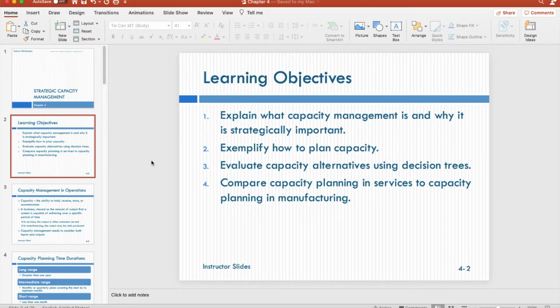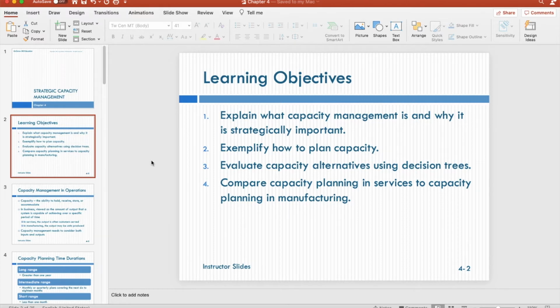Now, after we have a broad idea about the importance and the definition of capacity management, we start to talk about different capacity planning. What kind of capacity planning do we have in real businesses, and how do we compare different capacity planning? That's also very important. Then we will introduce one quantitative method.